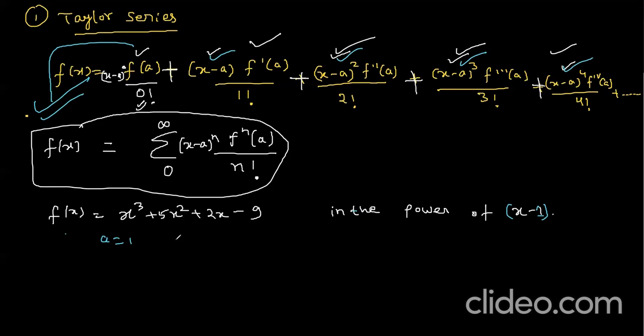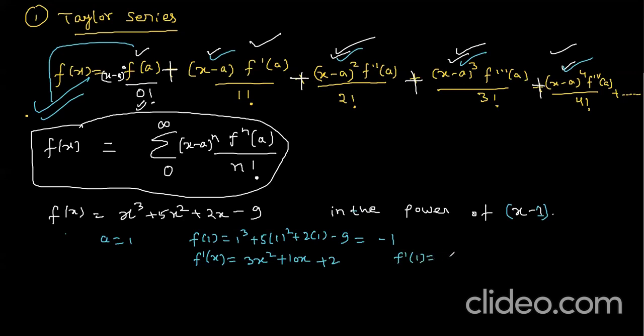So first of all, find f of 1: 1 cube plus 5 into 1 square plus 2 into 1 minus 9, which is minus 1. Now we differentiate this. The first derivative will be 3x square plus 10x plus 2, and f dash 1 will be 3 plus 10 plus 2.